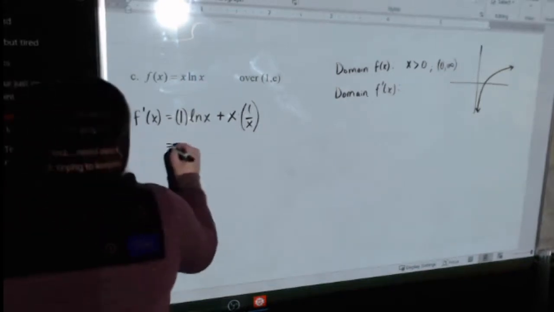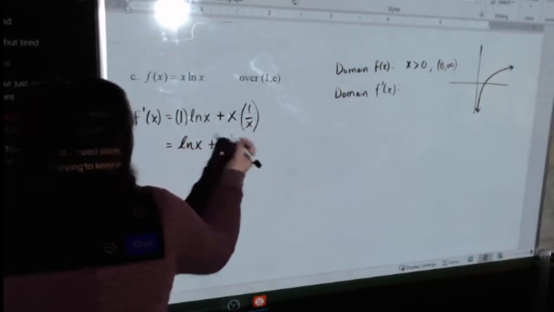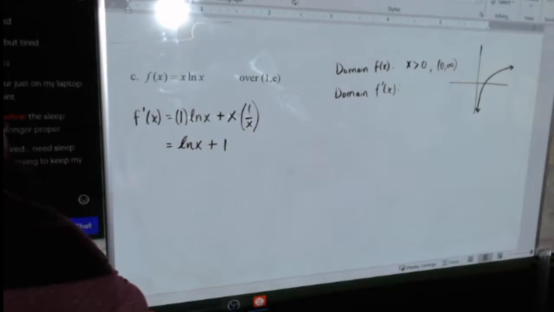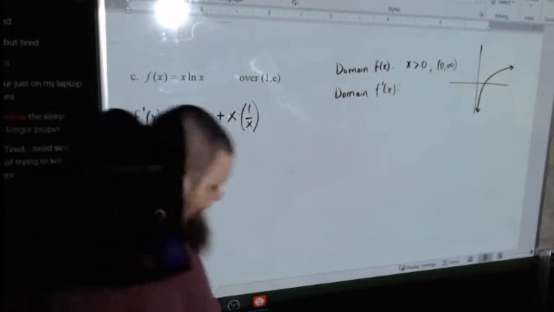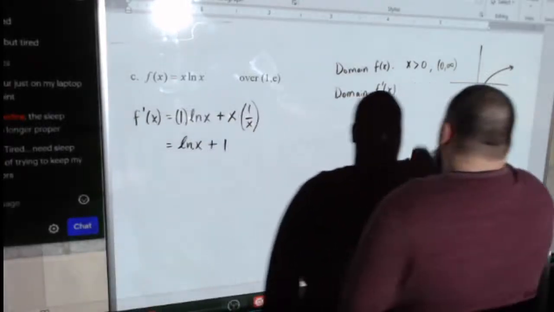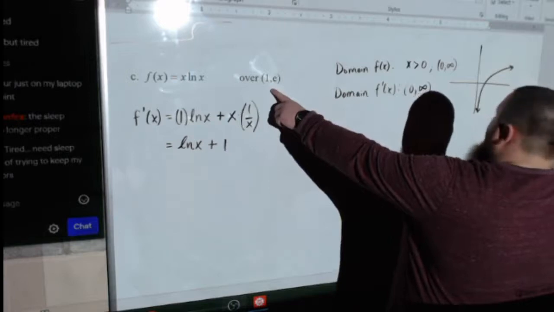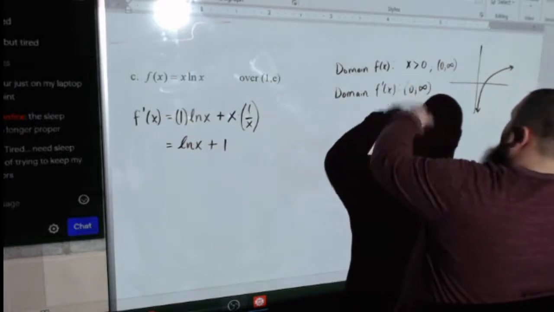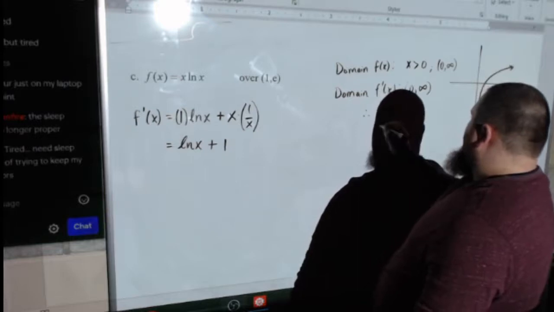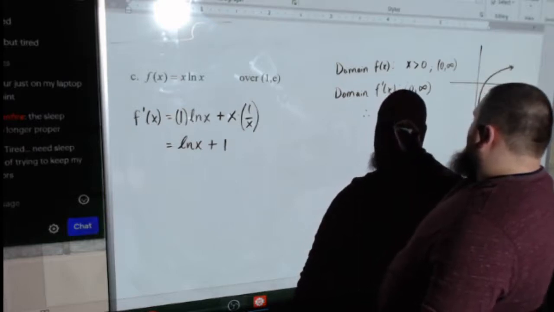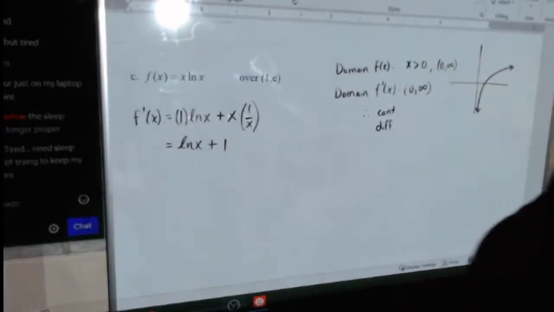That simplifies to natural log of x plus 1. So again, the only values of x I can plug into the derivative are 0 to infinity. My interval here is clearly contained within those two, therefore continuous and differentiable. So we've proven those two things.